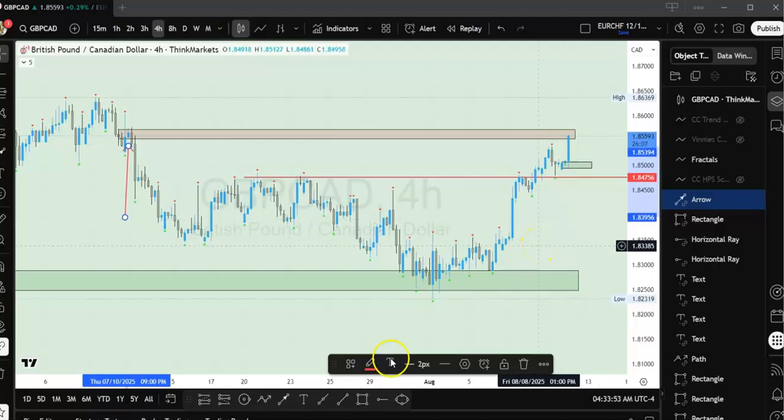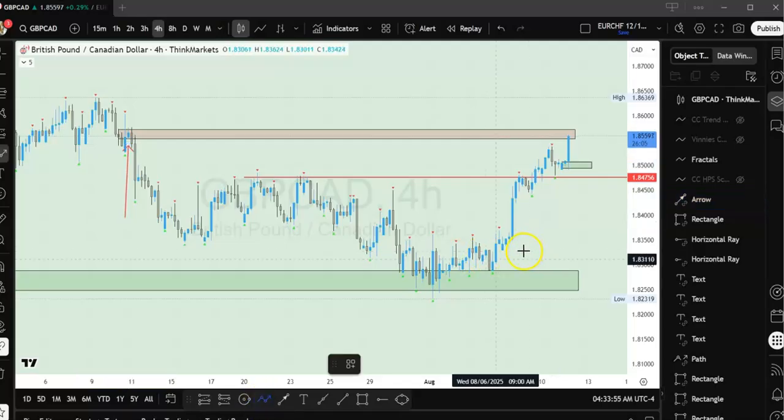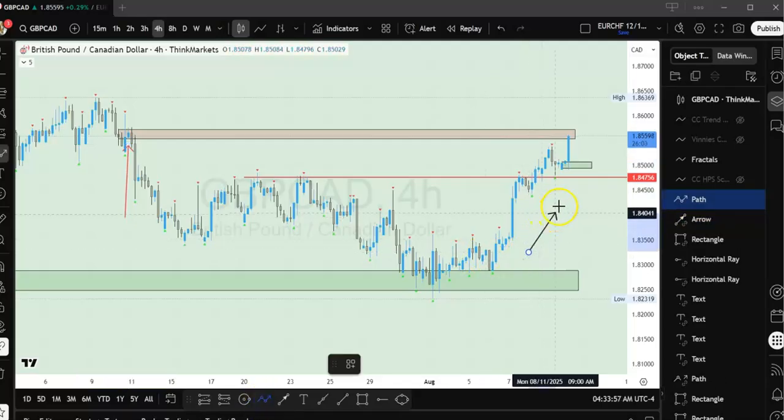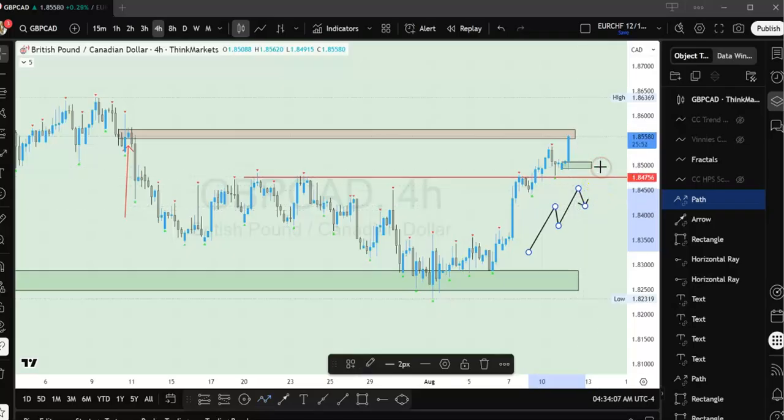So what I'm doing is taking what's called a correction trade. Remember the pattern: impulse, correction, impulse, correction. The correction is always a smaller move. So by taking this sell here, I'm trading the correction.